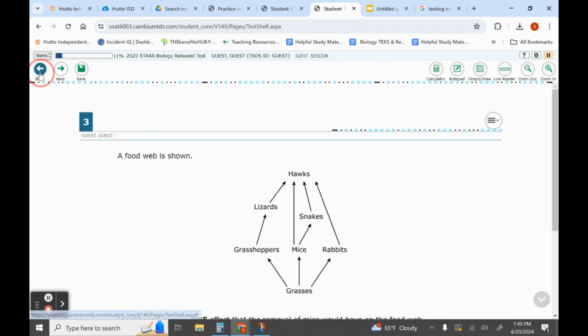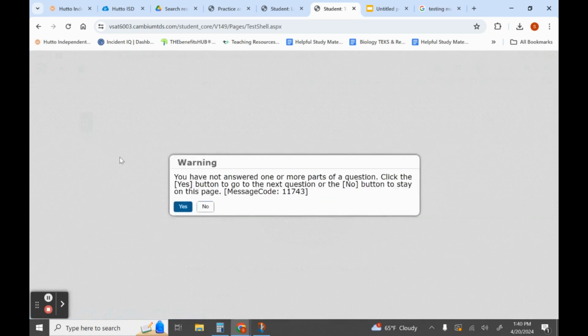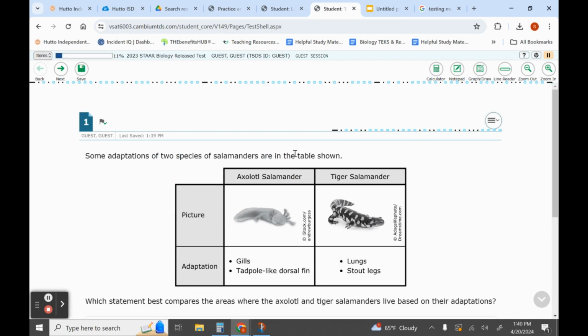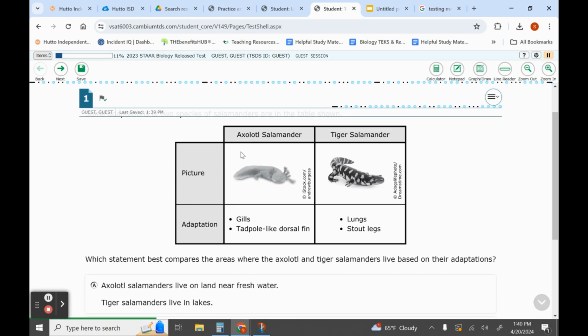to try to walk through at least 5 questions together. If I look at this first question, it says some adaptations of 2 species of salamanders are shown in the table below. So I get my table. Again, they love putting tables, graphics, things for you to use. I look at this.